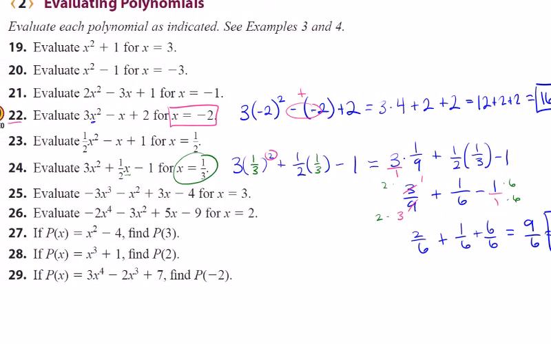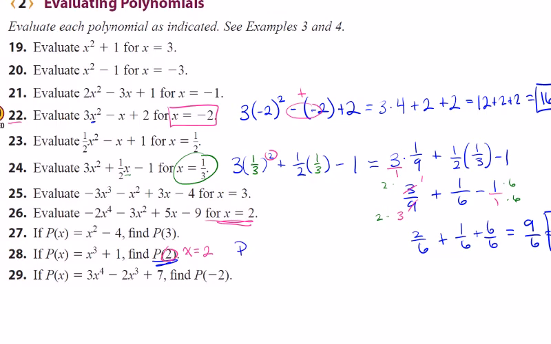All right, let's try number 28 to see function notation. So for number 28, they're asking for p of 2. And so what that means is input 2 in for x, right? They're saying the same thing as what we said in these other ones, except for now it's just using different notation, right? It's kind of an easier way to say, instead of 4x equals 2, you can just say find p of 2.